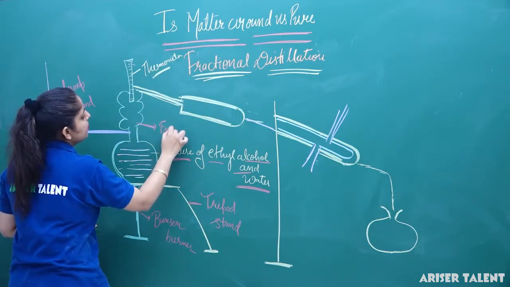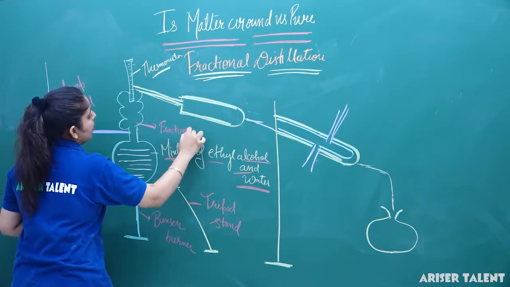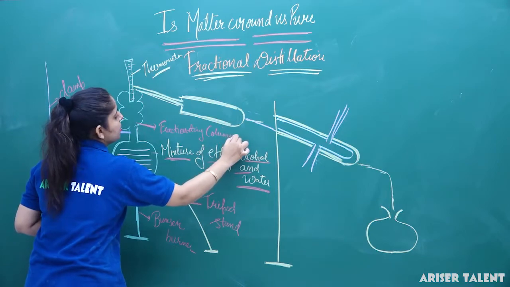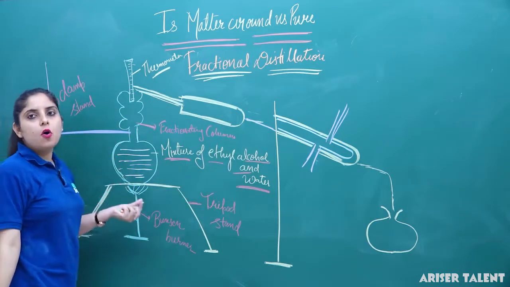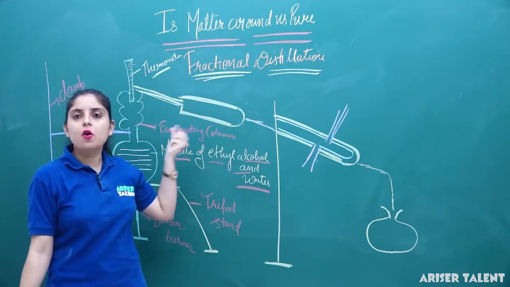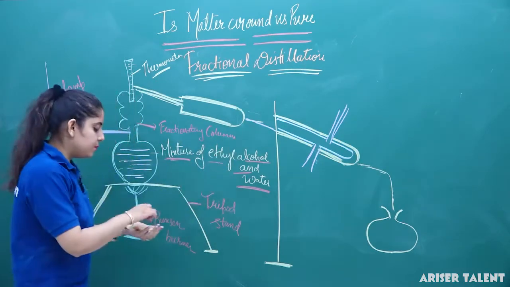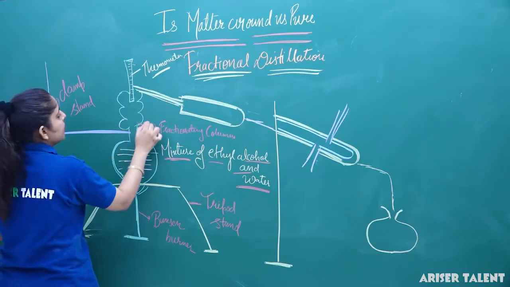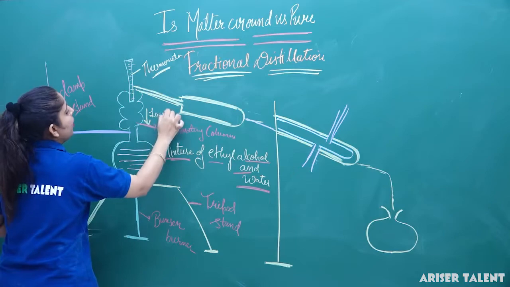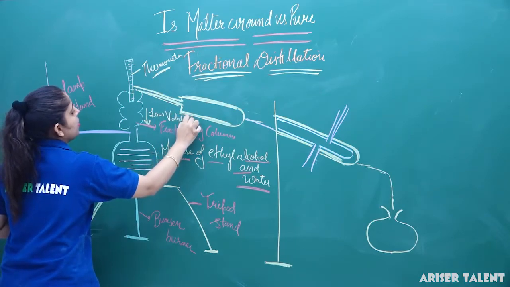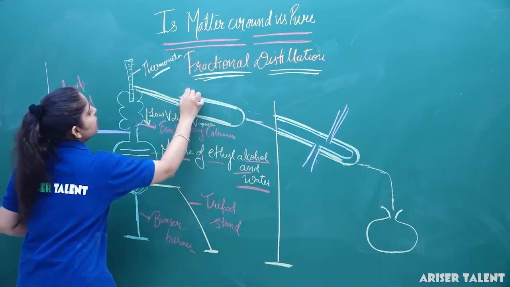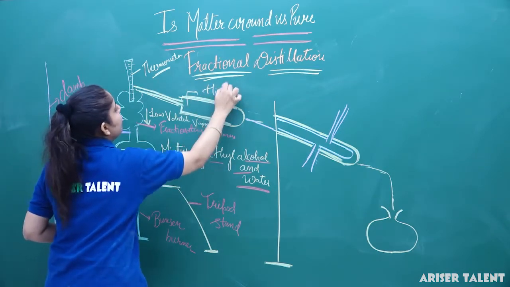This part will consist of low volatile vapors, and this tube will consist of the high volatile vapors. In this part, you will get the low volatile vapor. And in this tube, we will collect the high volatile vapors.